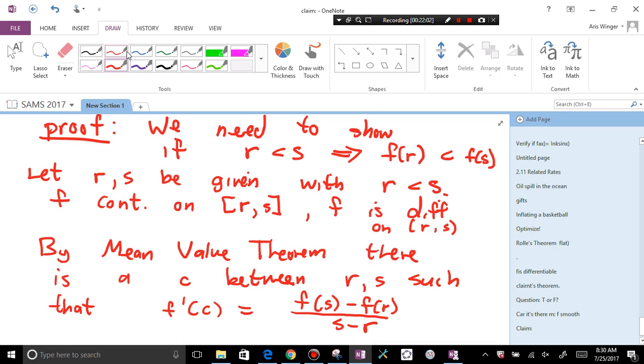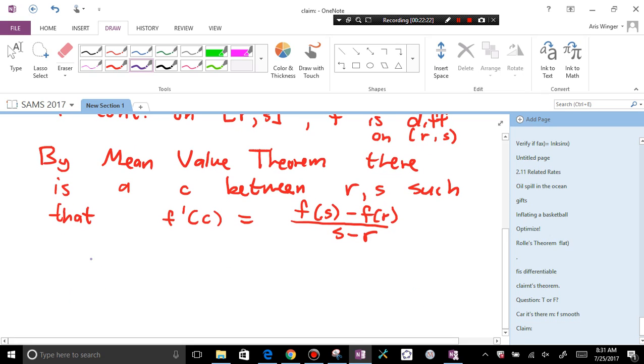What do I know about f prime of c? What do we say about this? It's greater than 0. What do we know about s minus r? How do you know? Because r is less than s, and therefore this is positive. What about this? That also has to be positive.